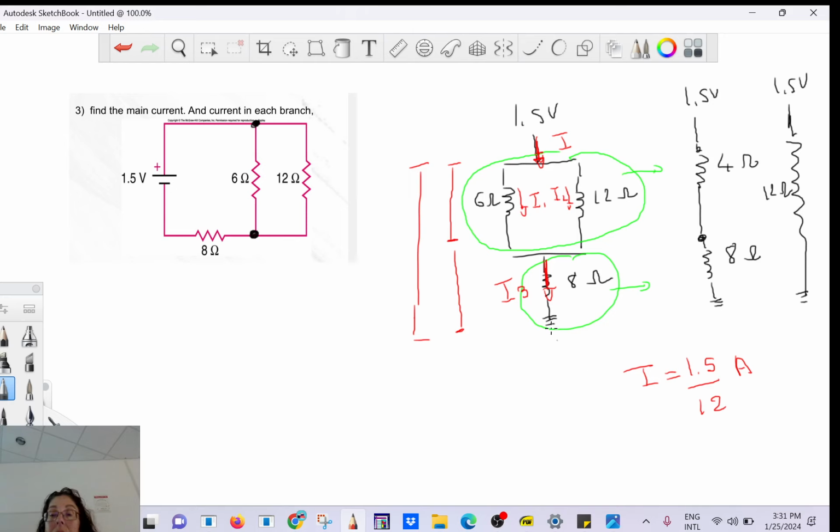So did you find the current here? That's not I3, that's I. 0.125 amps. Okay, they don't ask you that. They ask you I1 and I2.